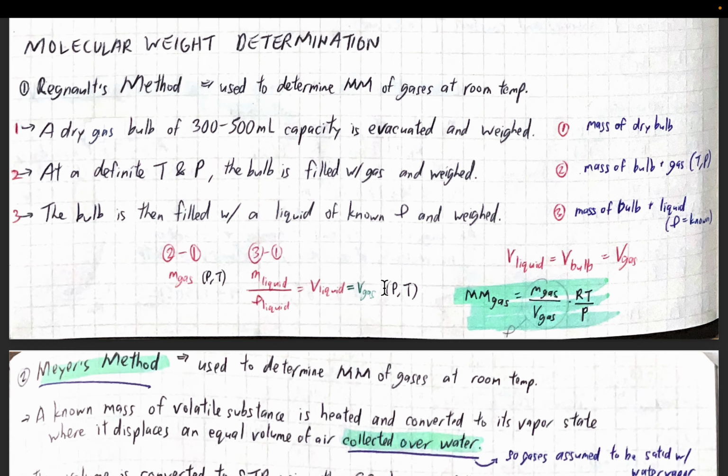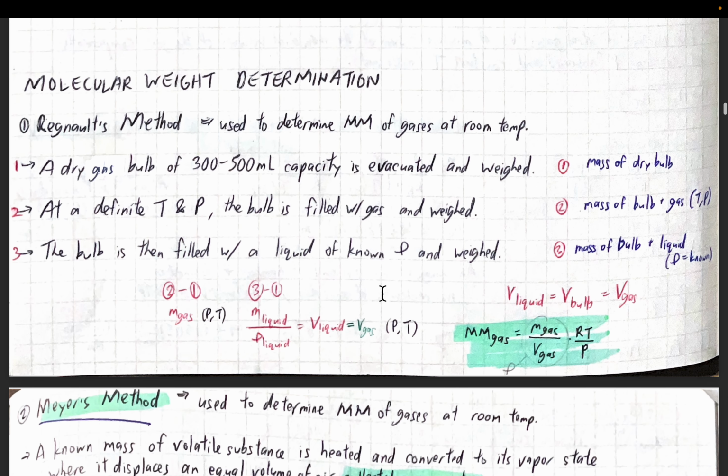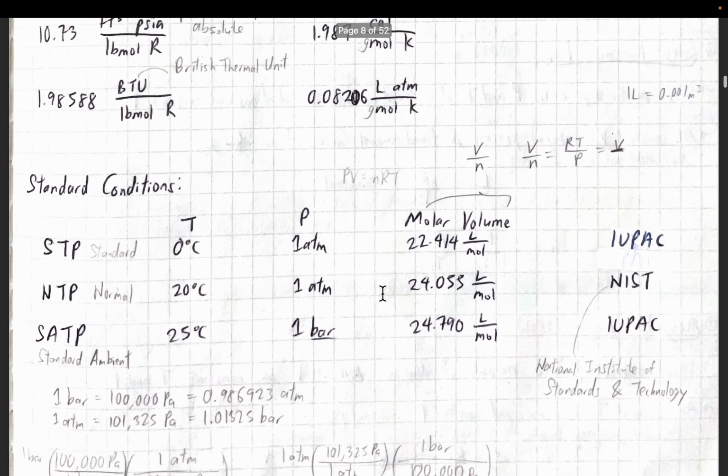Why is that? A dry bulb is basically an example of a fixed container. And regarding the properties of liquid and gas, if there is a container, then basically the volume is going to be the same. Actually, that's mentioned here.